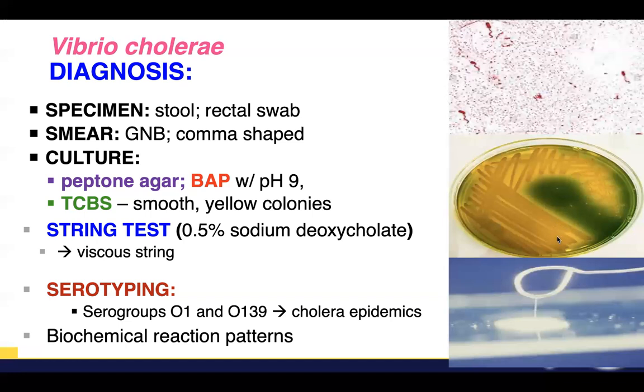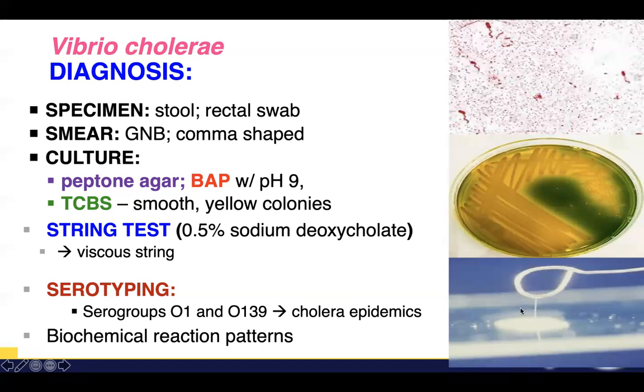Now, to identify, we can also perform the string test using 0.5% sodium deoxycholate. And this is added to the organism. Okay, mix it and then observe for the production of a viscous string, this one.